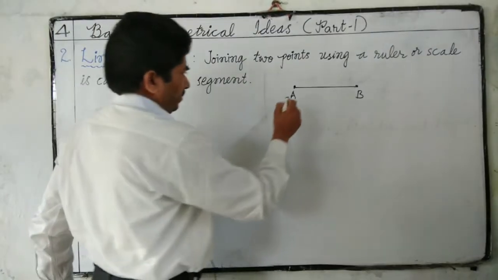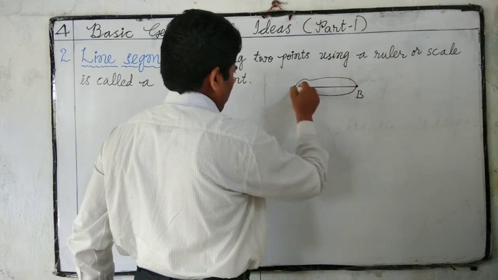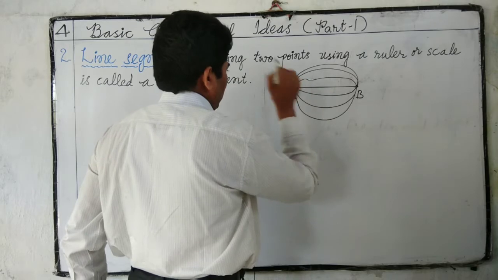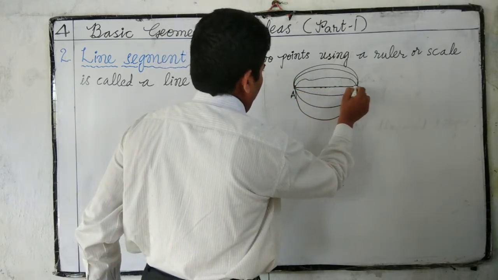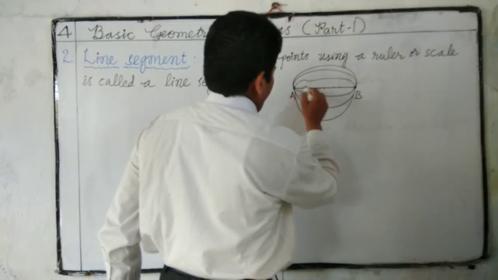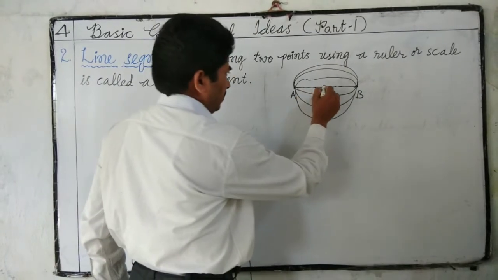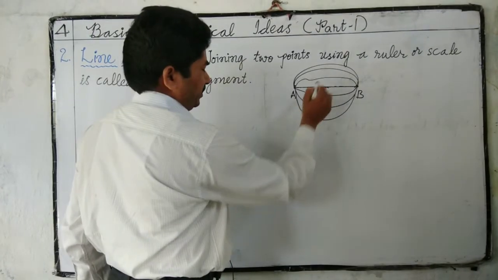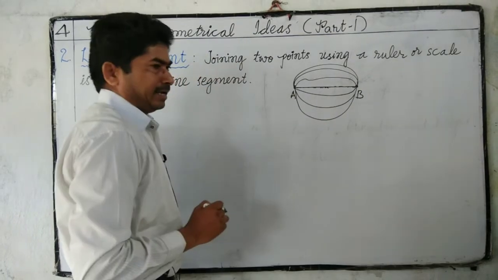We can join in many ways. But this straightway is the shortest distance. The shortest distance is the line segment.